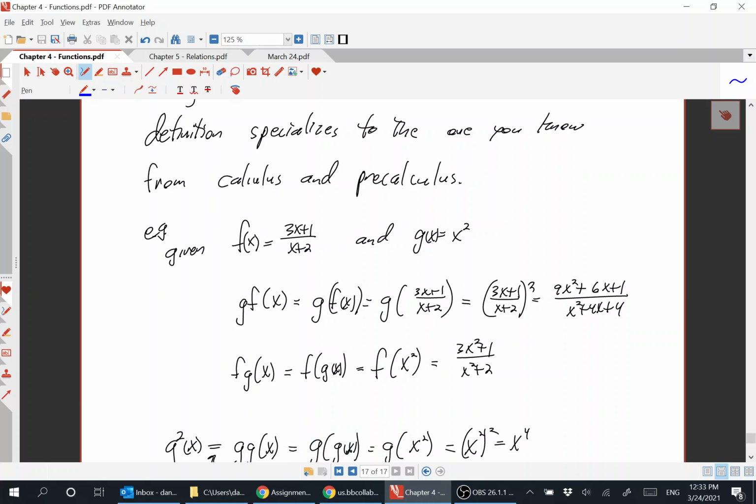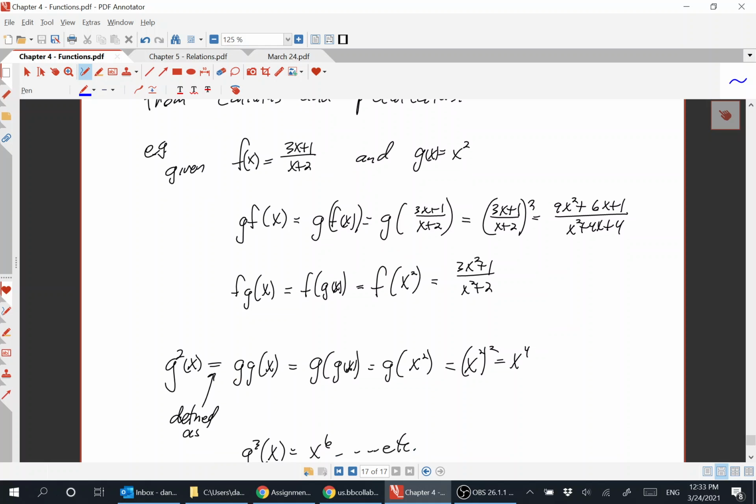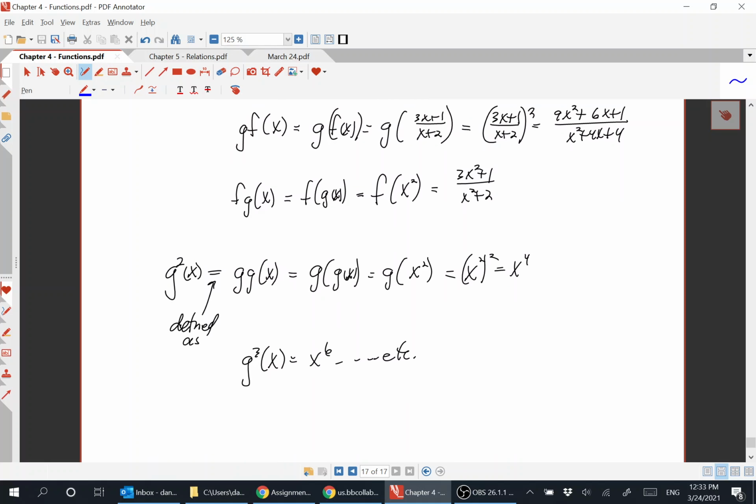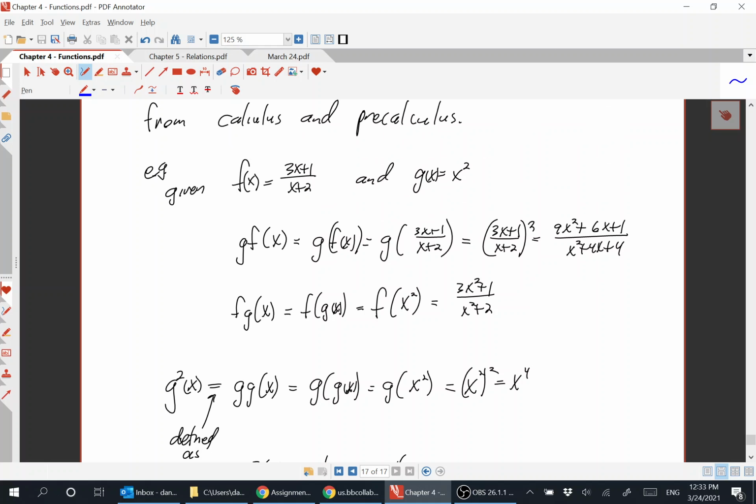If you had functions from the reals to the reals defined algebraically using elementary functions, sines, cosines, polynomials, multiplication, division, addition, you can do composition as you used to do. So you can do g following f, f following g, g squared, which is g following g, g to the third, which is g following g following g, and so on. And you can also do f following f.